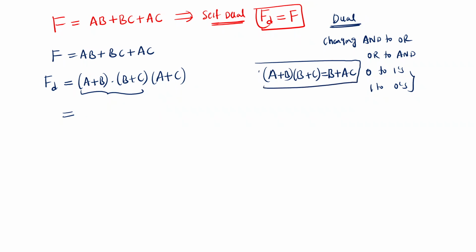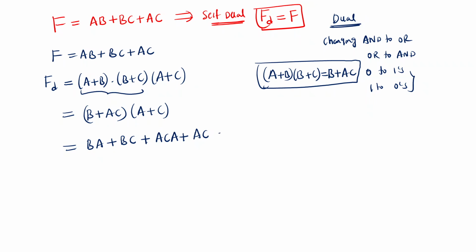I am applying the distributive law for these two. So this one is B or AC, and next this is (A or C), and next you multiply. So this is nothing but BA plus BC plus ACA plus ACC.